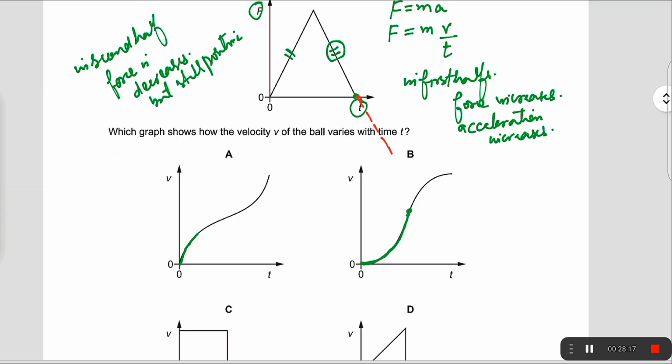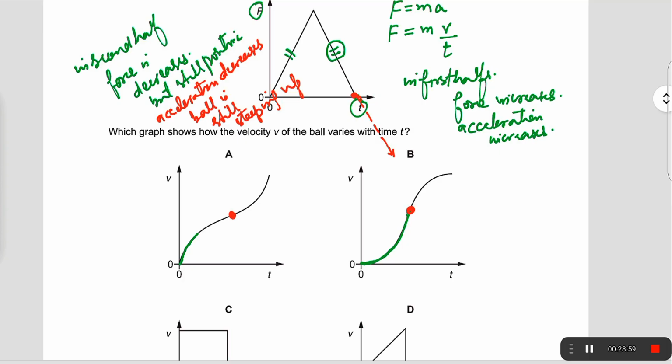If it went in the downward direction, then it would be negative. But up to this position, it is positive, though force is decreasing. Can we say at this time acceleration is decreasing? Acceleration decreases, but the ball is still speeding up.